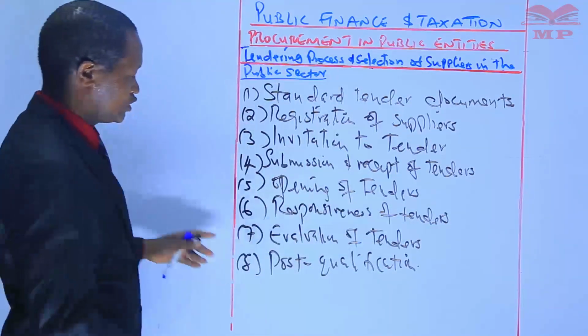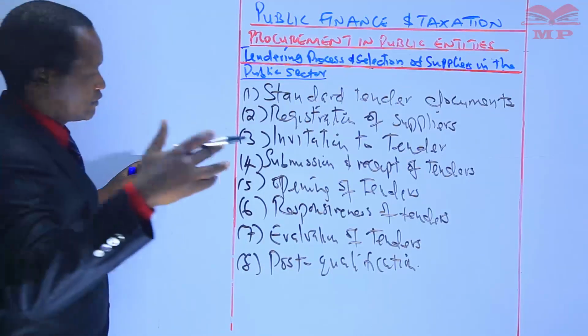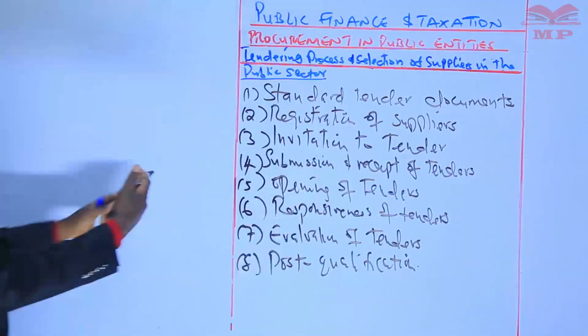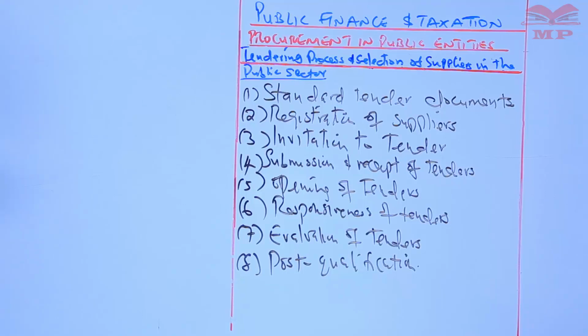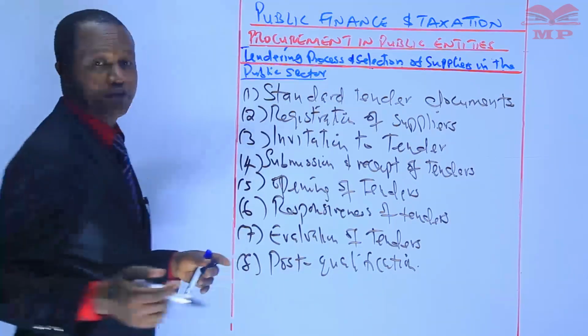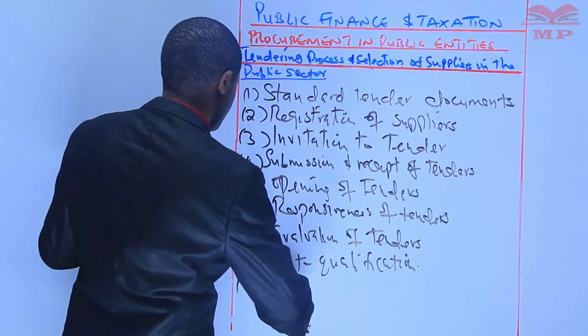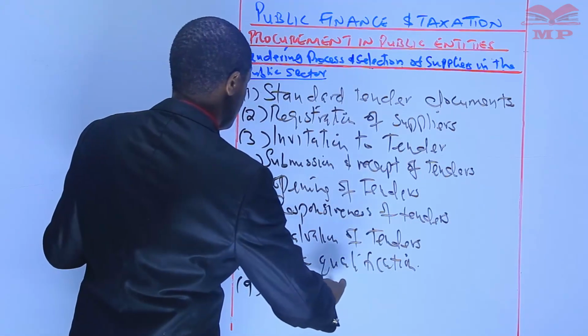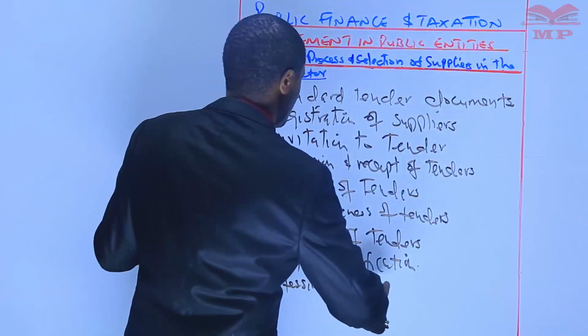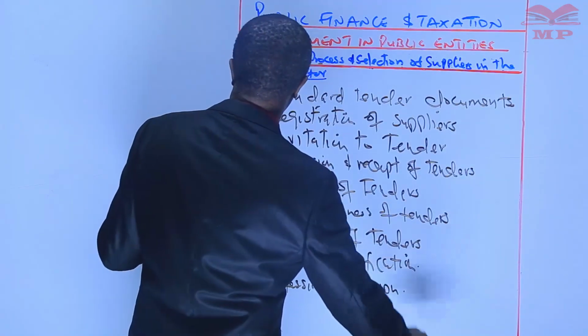Then we also have what we call the opinion, which must be given by a professional. So we call it professional opinion. Professional opinion may need to be sought.